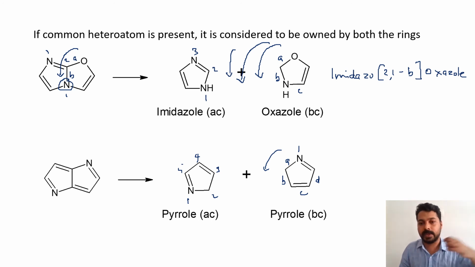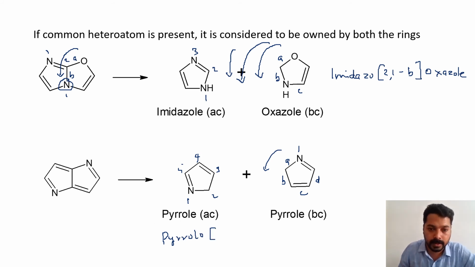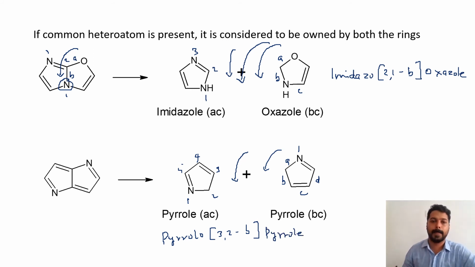So ABC is coming in this way, so you can write it as pyrrolo. It is moving in this direction, so it is 3 2, not 2 3. It will be 3 2 B pyrrole.